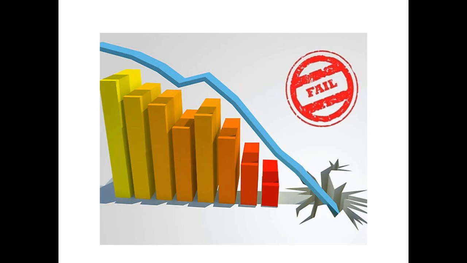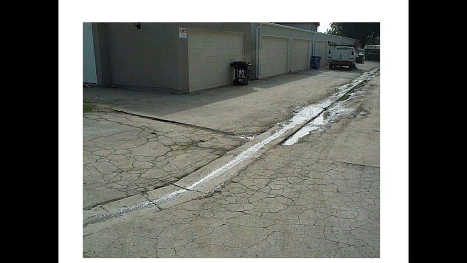A lot of associations have gotten themselves into trouble by not following the funding plan recommended in their reserve study. And this is what it looks like when that happens. I'm talking about ignoring the reserve funding recommendations. When that happens, you don't have enough money to do the reserve projects needed by the association in a timely manner, and your association literally begins to fall apart.